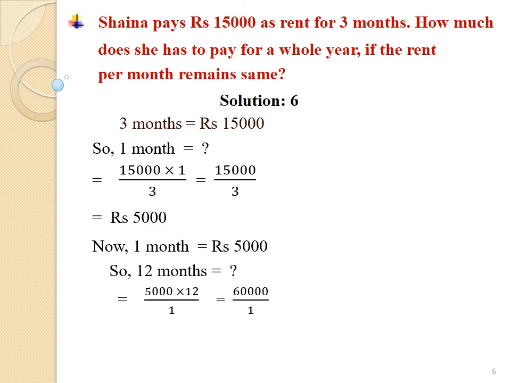Now, dividing 60,000 by 1, we get 60,000. Thus, rent paid by Shaina in 1 year is rupees 60,000.